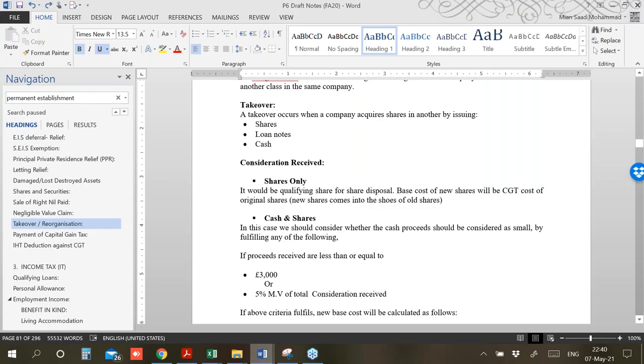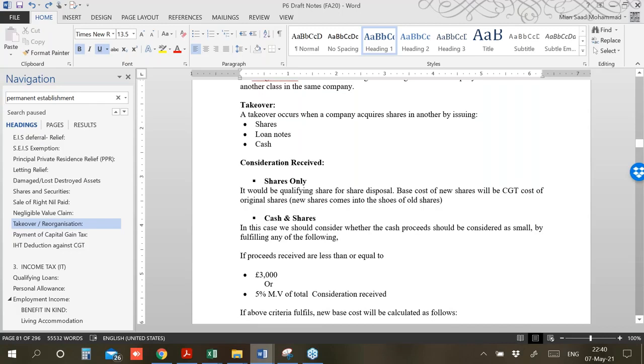If there is a share for share consideration only, there will be no CGT calculations on the day of takeover. Now, if there is a mixed consideration, where some cash and some shares are involved, then the share part will still qualify for the exemption from CGT at takeover.